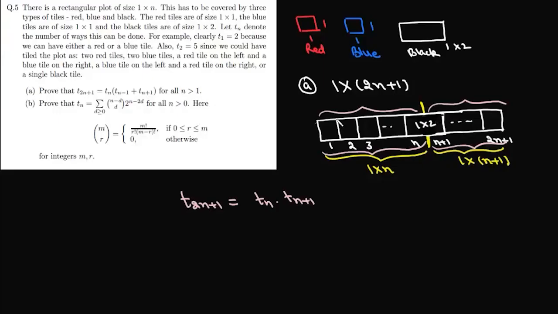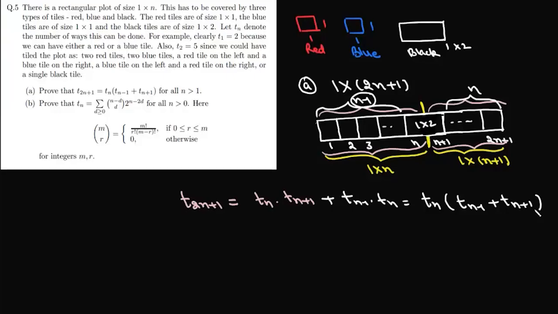Then on the left hand side we have n-1 tiling space, and on the right hand side we have n tiling space. Now this plot of n-1 dimension can be tiled in Tn-1 ways, and this plot of dimension n can be done in Tn ways. So this T2n+1 is Tn into Tn-1 plus Tn+1, which is what we need to prove in this question for all n greater than 1.